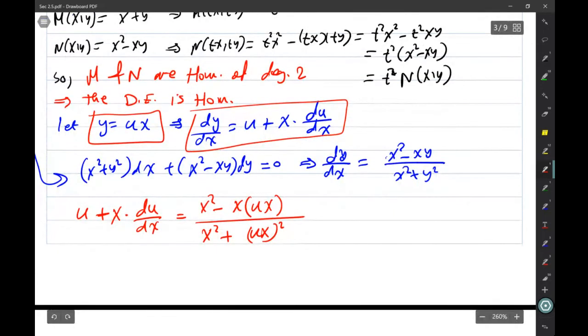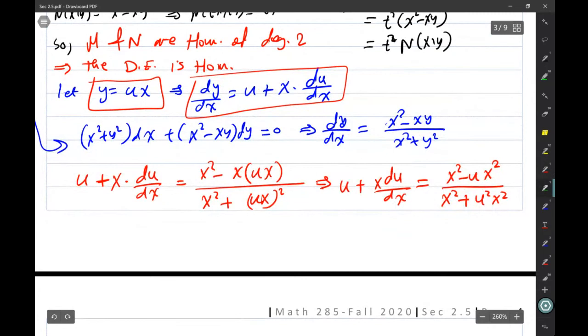So this implies that u plus x du over dx is equal x square minus u times x square over x square plus u square x square.